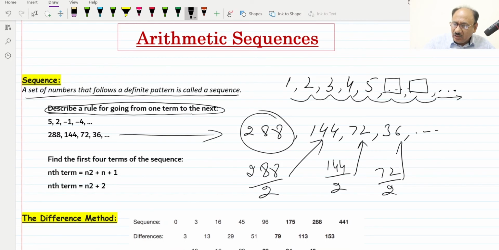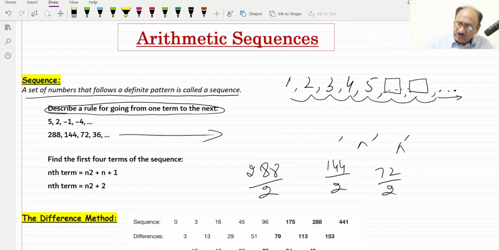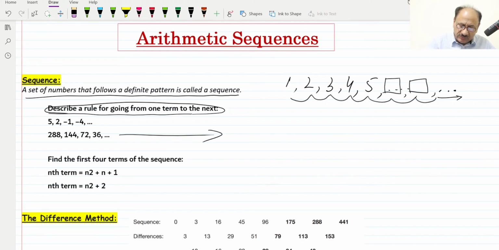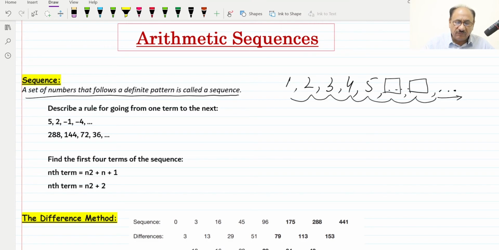So what is our rule? Our rule is divide the term by 2 to get the next term. This type of rule will be followed by these sequences. And a sequence, we know, is a set of numbers that follows a definite pattern. So it has a definite pattern and we are following that pattern.